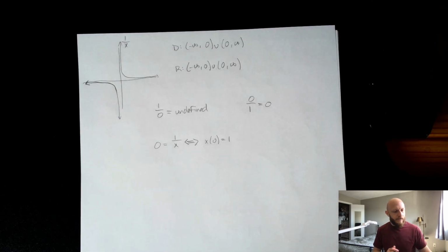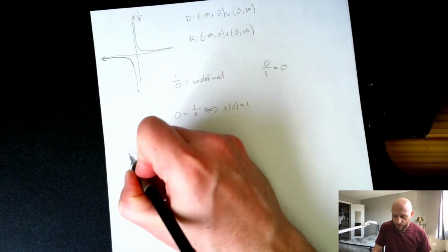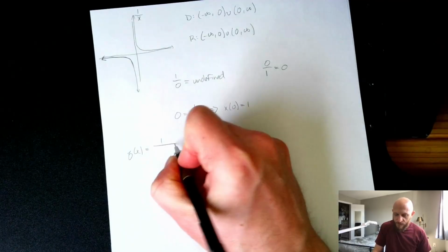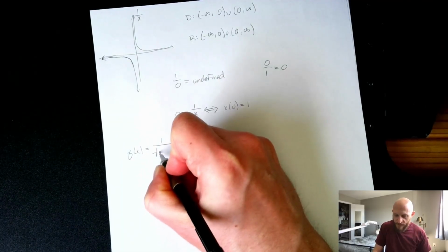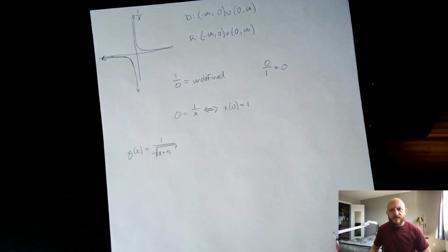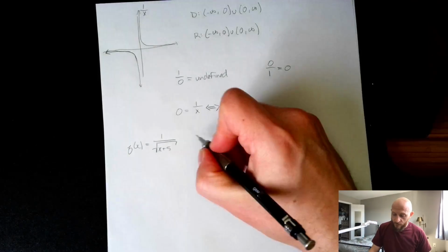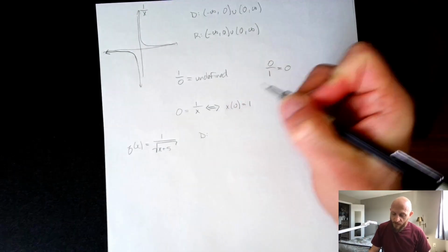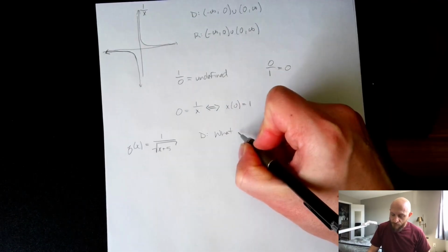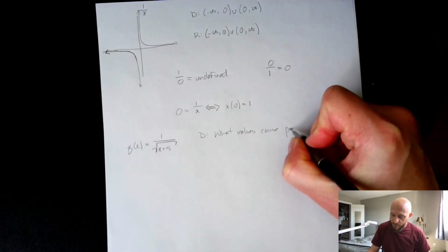Let's see here. One quick example. Suppose that we're given an equation, something like 1 over the square root of x plus 5, and we're asked to find the domain of this. What you want to think about is what values cause problems.